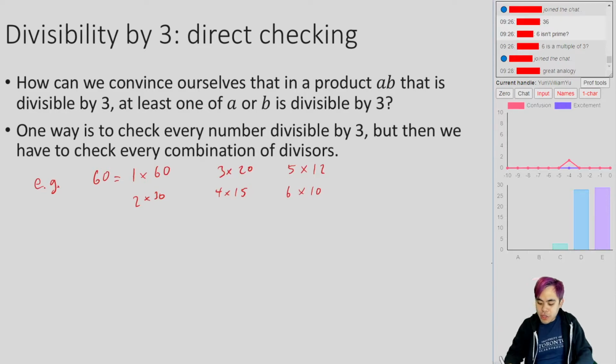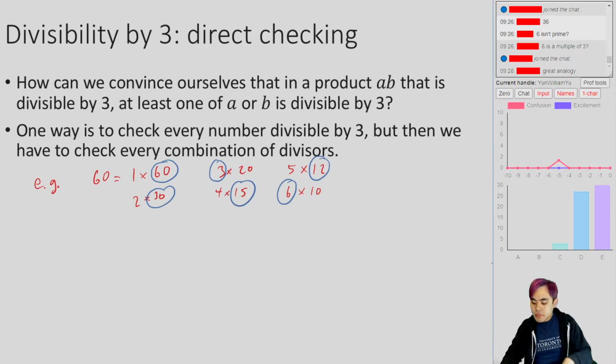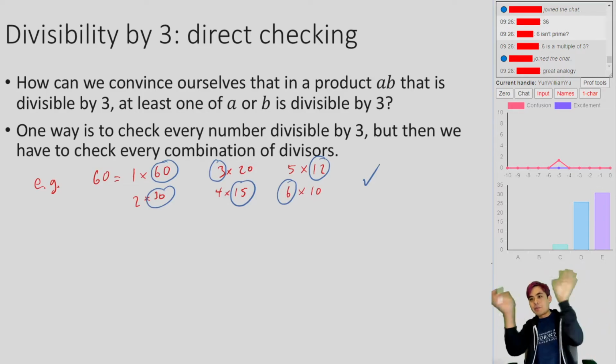And, well, we can check. Is 1 divisible by 3? No, 1 is not divisible by anything except 1, but 60 is divisible by 3. And 30 is divisible by 3, and 3 is divisible by 3, and 15 is divisible by 3, and 12 is divisible by 3, and 6 is divisible by 3. So this is true. You can check that 60 is a number that's divisible by 3, and at least one of the 2 pieces that it breaks up into is divisible by 3.